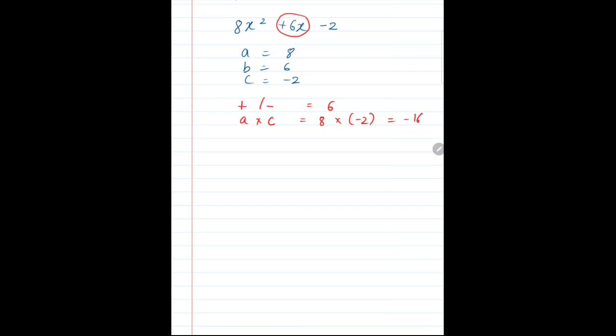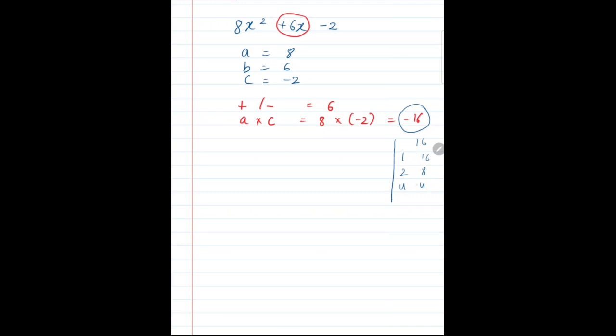And if you are unable to think of any such numbers, you can always find factors of the required product. So factors of 16 are 1 and 16, 2 and 8, 4 and 4, and that's it.